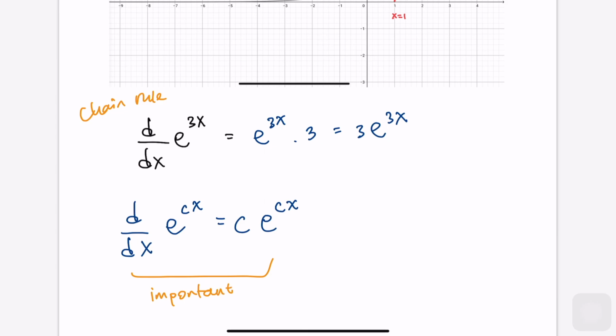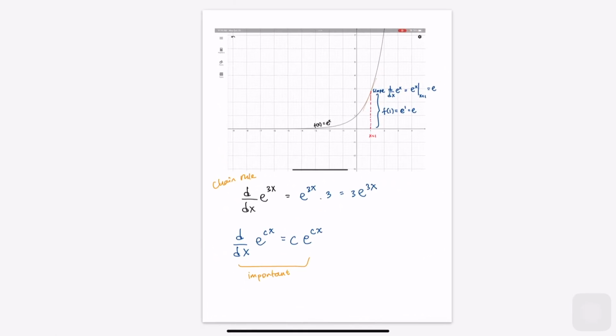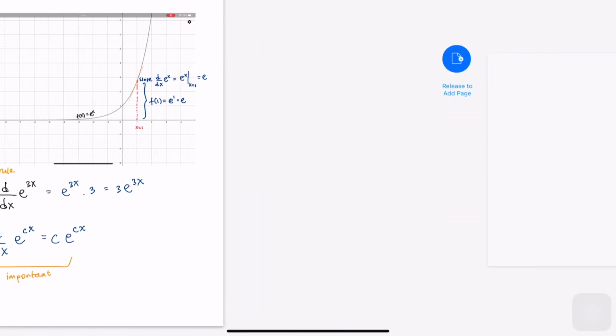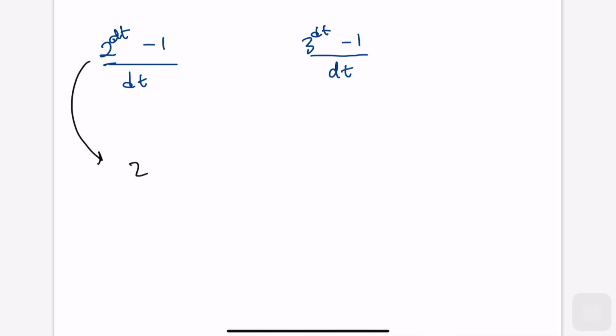We can also write, as a conclusion from all these discussions, we can go back to this finding here. The number 2 we can also write as e with the power of natural log of 2.